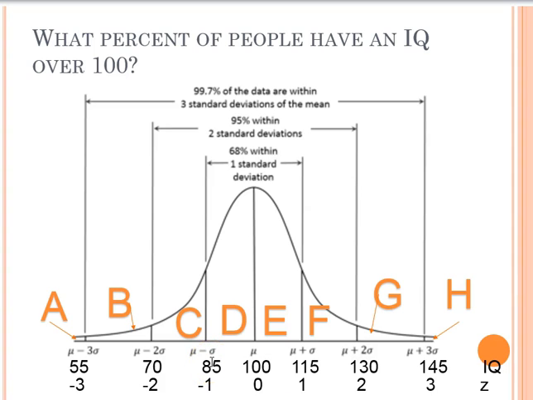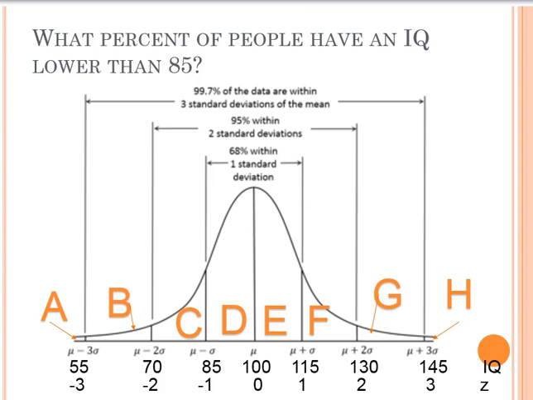So this bell curve is exactly 100%, but we only want to look at the top half. So that means half of the people have an IQ of 100 or above. And so the answer to this question is 50%. Areas E, F, G, H, adding those areas together is going to give us exactly 50%. That was an easy problem.